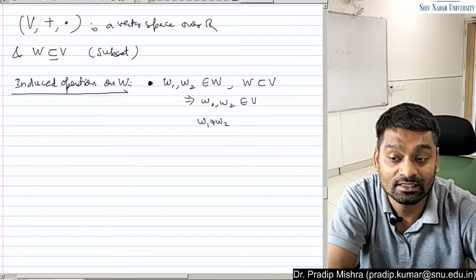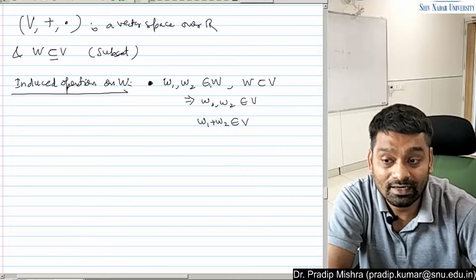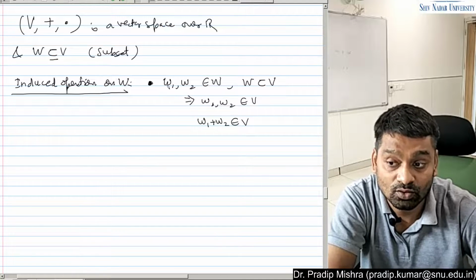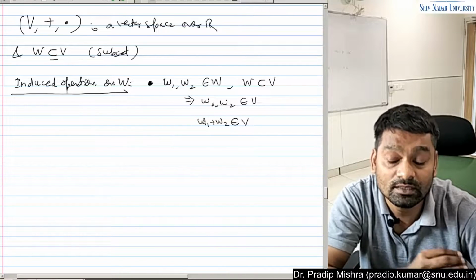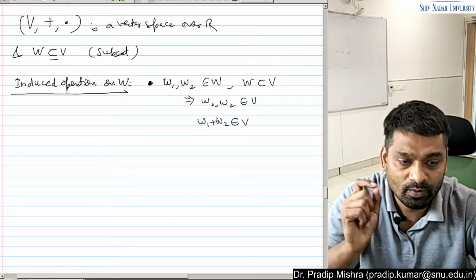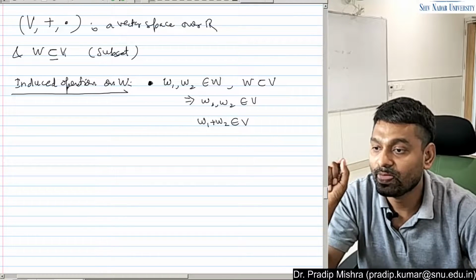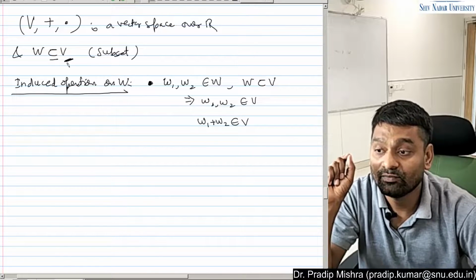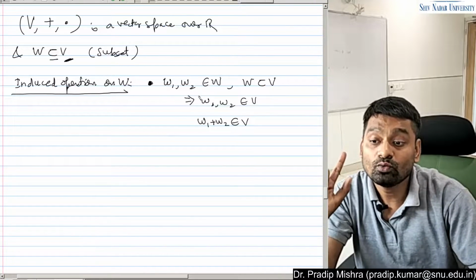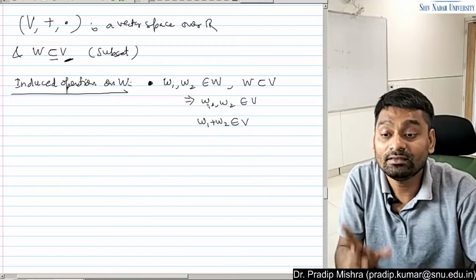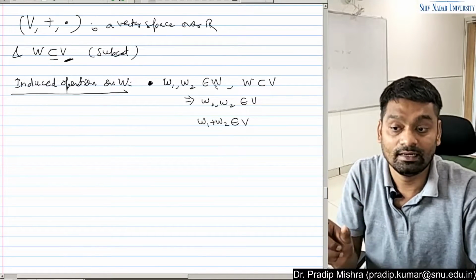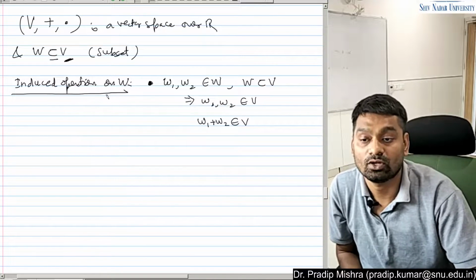This lies in V. Basically this may not lie in W, but it lies in V. So given any w1 and w2, there is a meaning of w1 plus w2, because we have vector addition in V. I am adding w1 and w2 as elements of V, not as elements of W. So this is the induced operation on W.